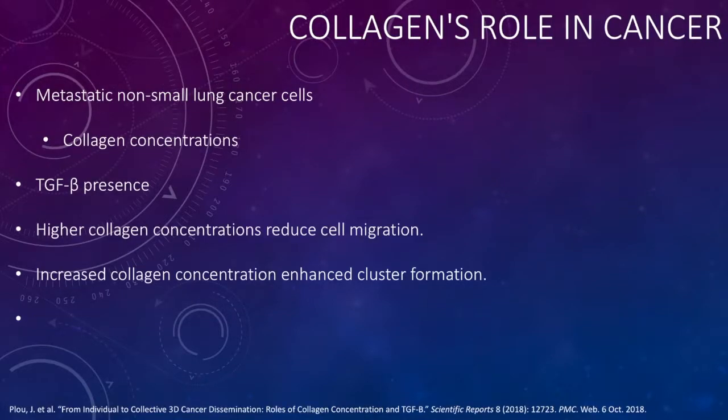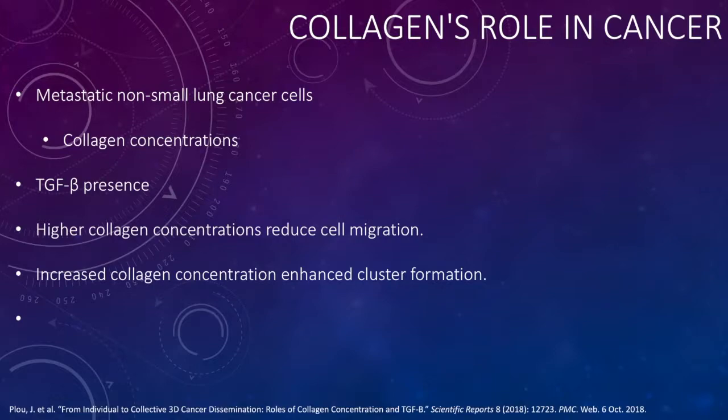Moreover, in a paper published this year, presented a study that used metastatic non-small lung cancer cells, and they tested out different concentrations of collagen type 1 in the presence of transforming growth factor beta, to see how the conditions of the extracellular matrix plays a role in the dissemination of cancer cells and how it contributes to the first steps of tumor colonization.